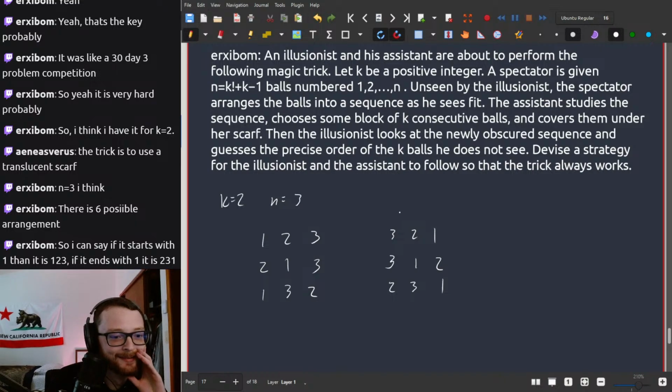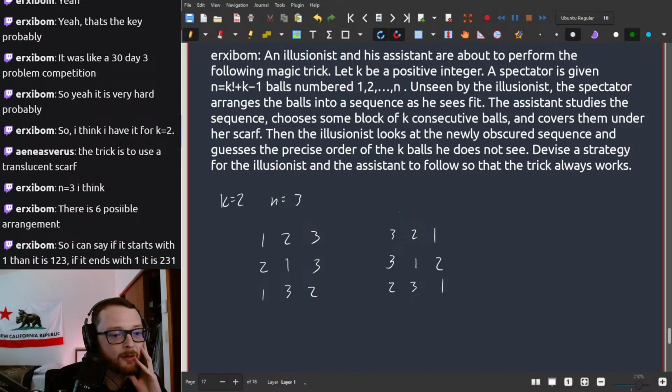If it starts with 1, it's 1, 2, 3. If it ends with 1, it's 2, 3, 1. If it starts with 1, it's 2, 3.